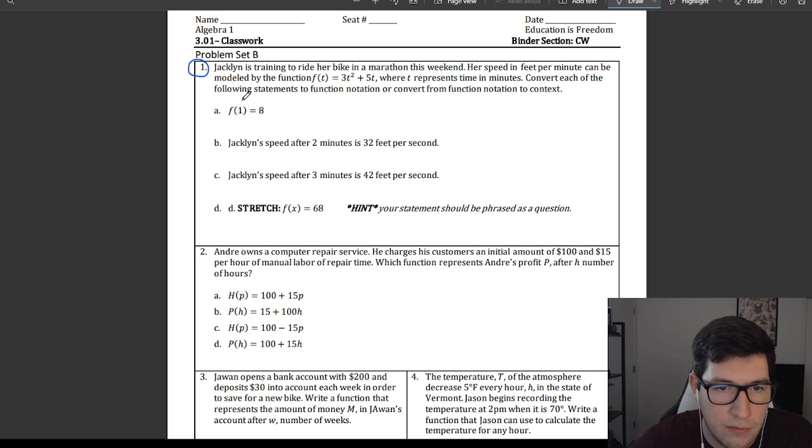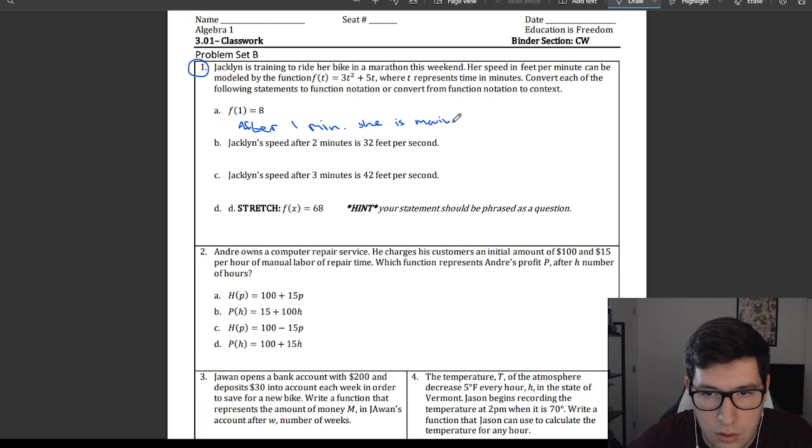So if I have f of 1 is equal to 8, what this is really saying is that after 1 minute, she is traveling, let's say moving, at 8 feet per second.